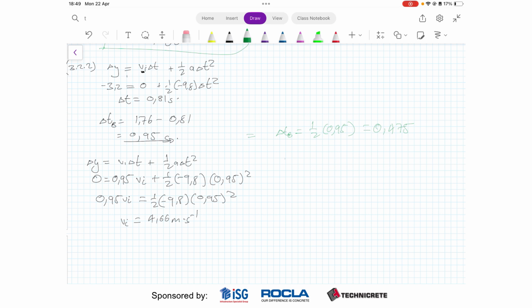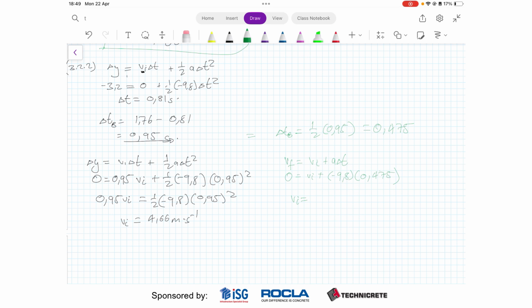Okay, so we can take v final is equal to v initial plus a delta t. From here we know that v final is 0. We don't know v initial, plus minus 9.8 into 0.475. So vi will thus be equal to 9.8 multiplied by 0.475.